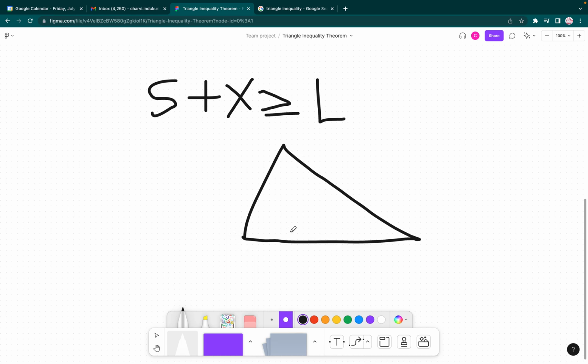It isn't the best visual representation, but you could tell that this is the larger side, and this is the smaller side. X is smaller than L, and X is way smaller than L. So now if you add X plus S, you must get L.